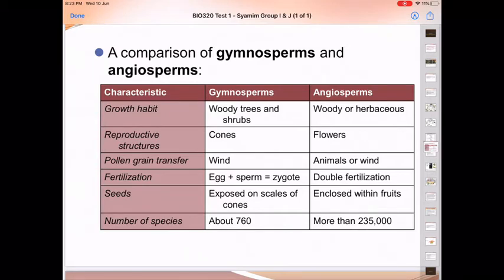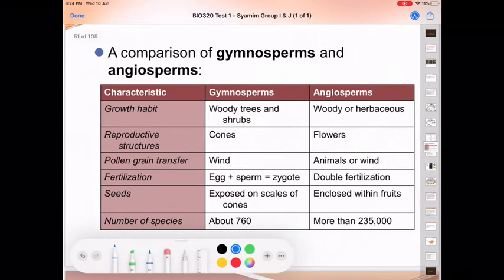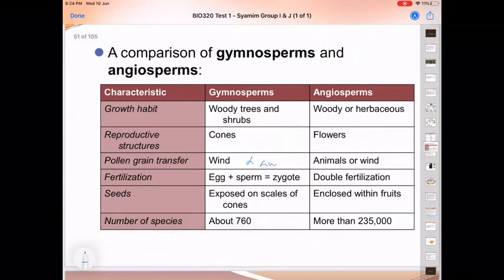For example, an example of gymnosperm is a pine tree. Pine tree is not very attractive, only brown and green in color. So animals are not attracted to the gymnosperm. Animals prefer angiosperms because angiosperms are more colorful and attractive.